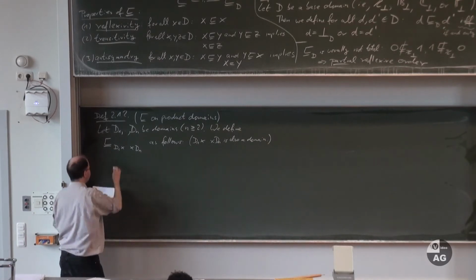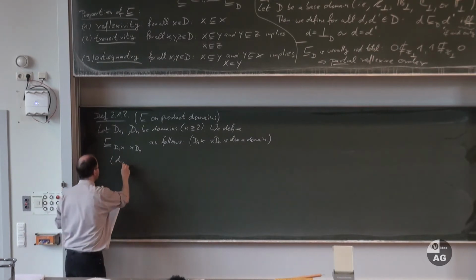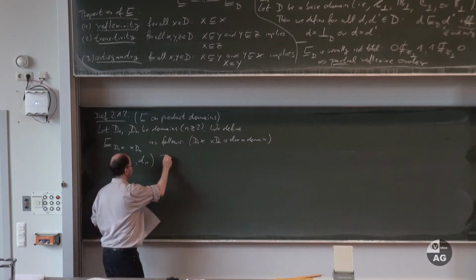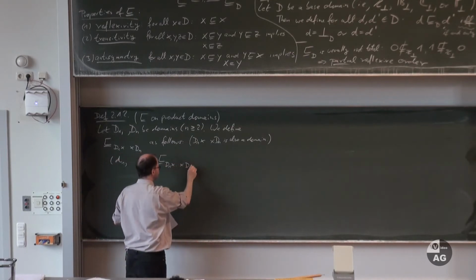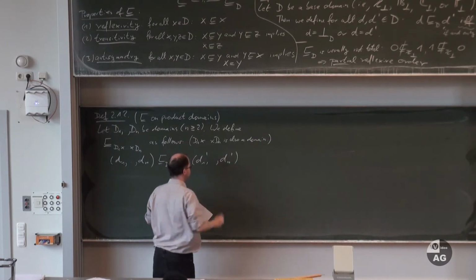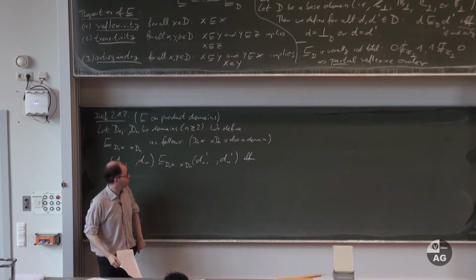Well, I have to compare n tuples. So the first component is from D1, the second from D2, and the last one is from Dn. And the question is, when is this less defined or equal to the tuple D1 prime to Dn prime? And this holds if the same is true for every component.